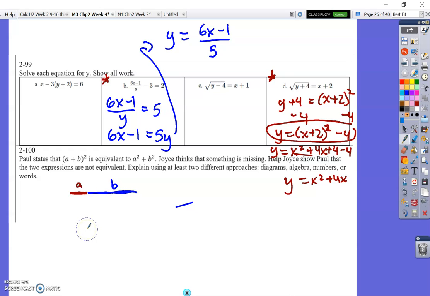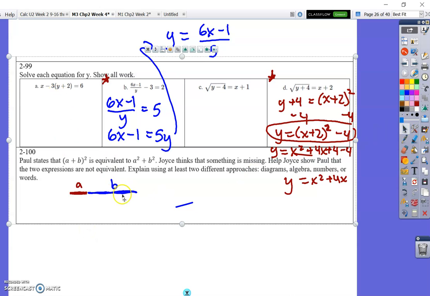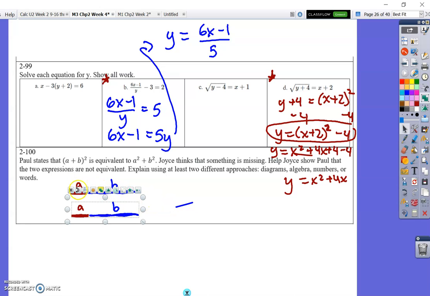And so a plus b squared, where it's going to get a little tricky. So I've duplicated that length. If I were to square it, I would make it look like a square. So I'm going to make that as vertical as I can make it and move it over here-ish.